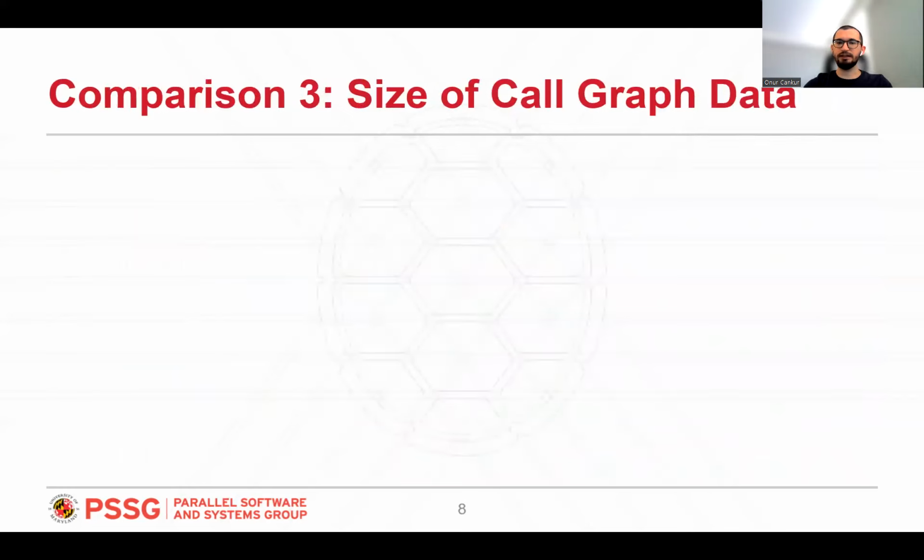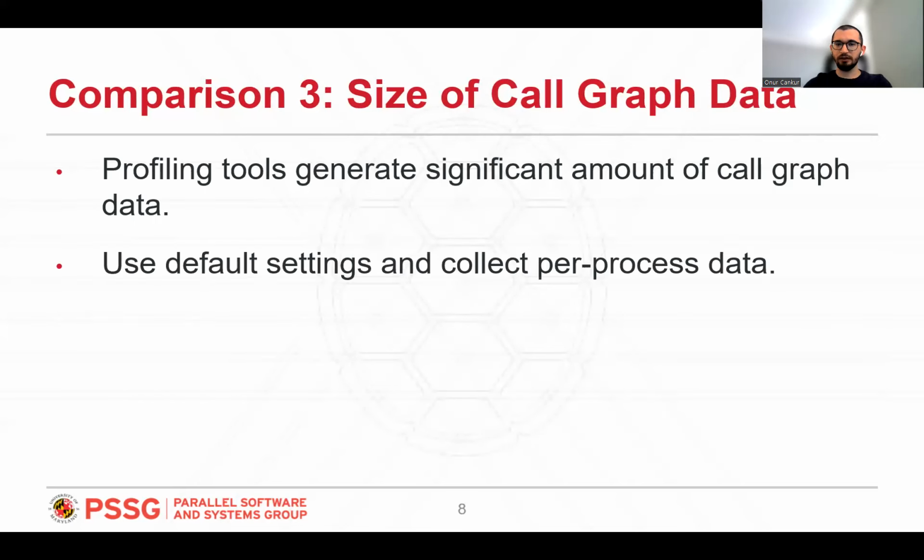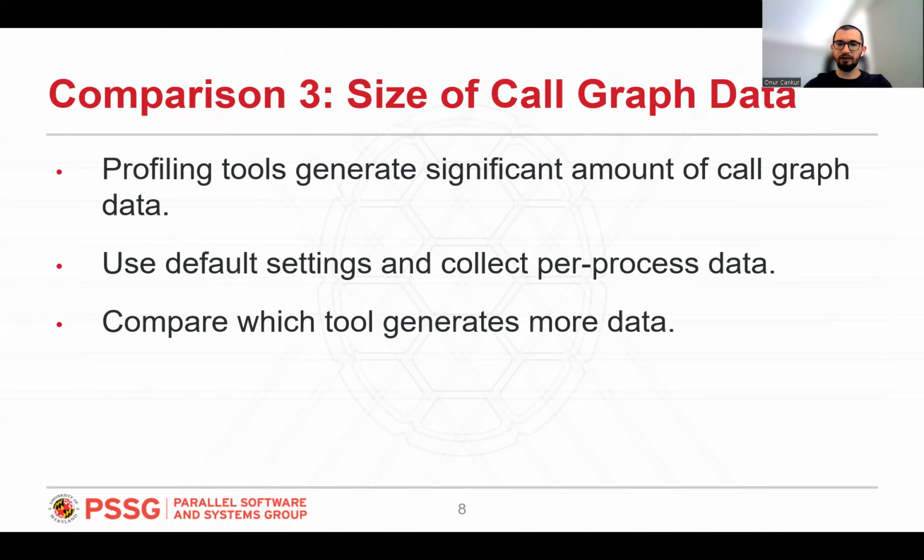The next comparison is the comparison of the size of call graph data. Profiling tools generate a significant amount of call graph data, especially when we use multiple processes. In this comparison, we use default settings and collect per-process data, and we compare which tool generates more data.